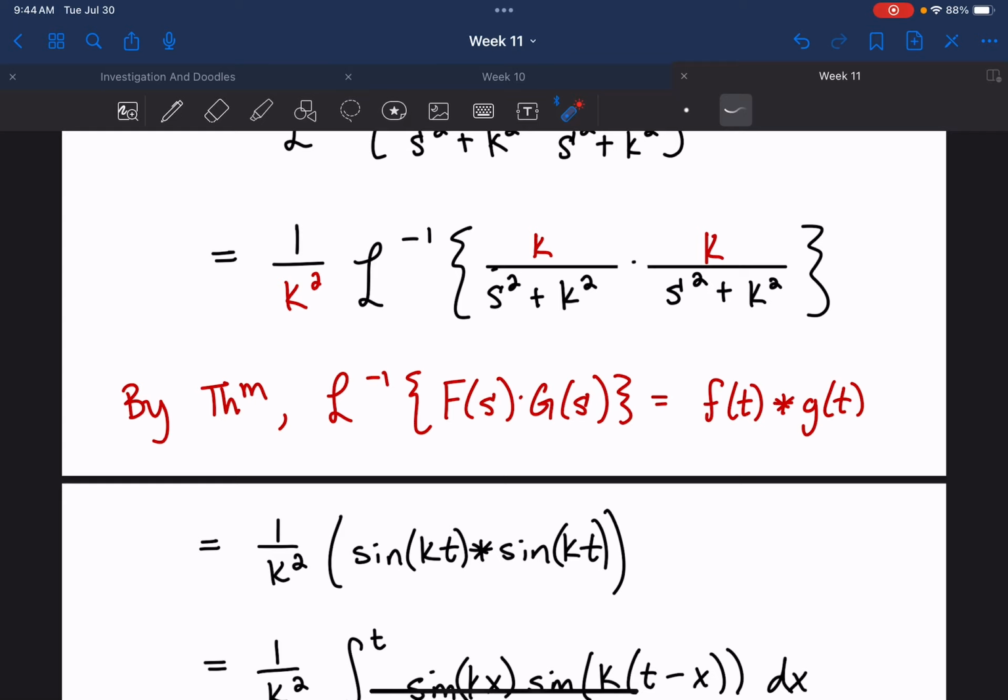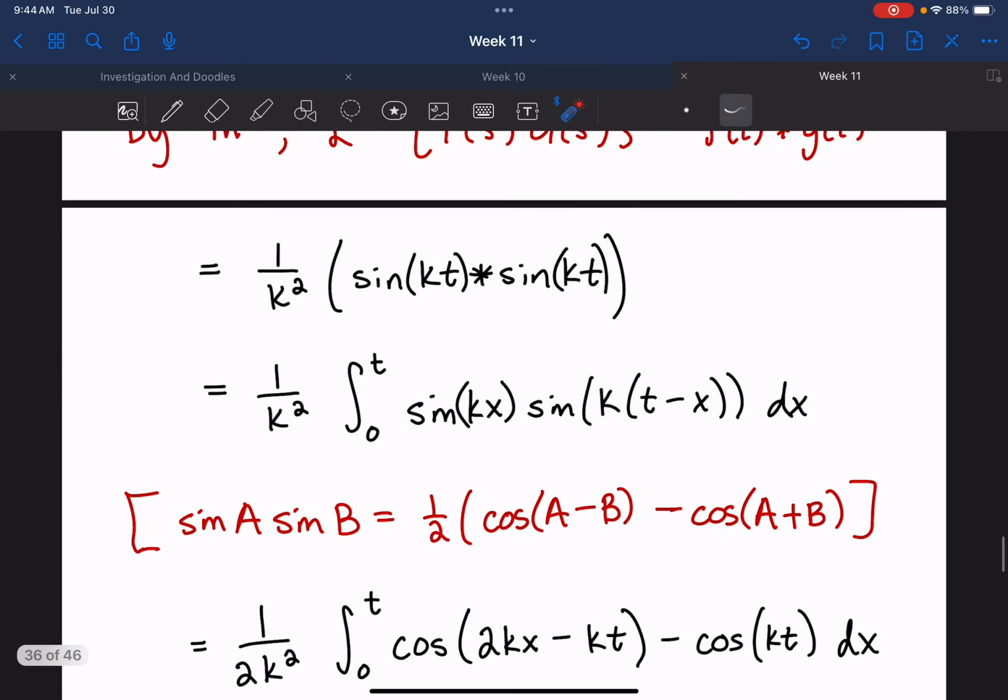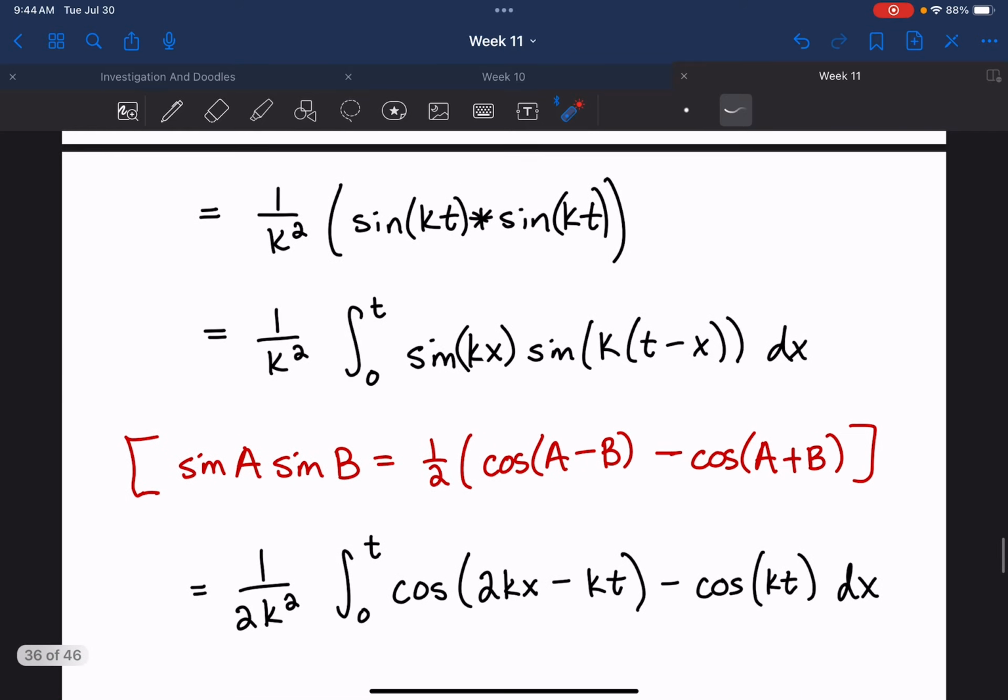Okay. So now we've got to find the convolution product of sine kt convolved with sine kt, right? By definition, this is the integral from 0 to t of sine kx times sine of k(t minus x).